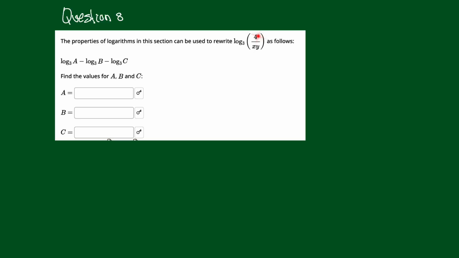Question 8, what we've got again is a division, just like in number 7. I've got a division, but I got two variables below the division sign, so I'm going to get two minuses. So I'm just going to expand this out directly.